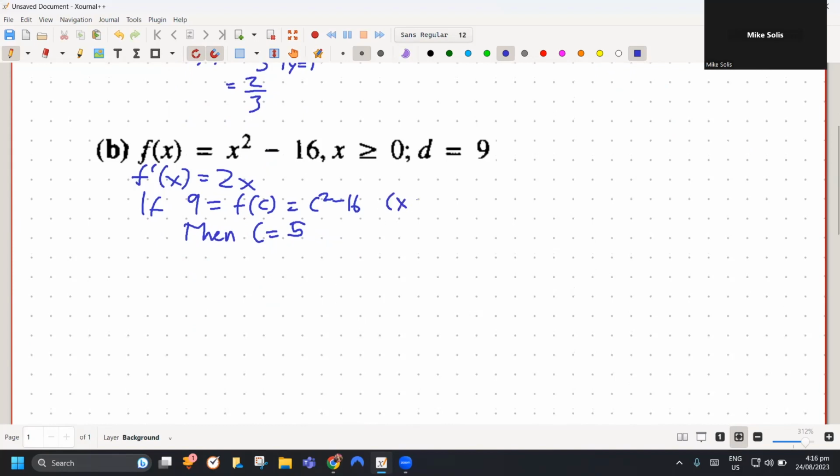Okay, now look, 9 plus 16 is 25. Notice we have two solutions for that? C squared equals 25. So we have to use the condition. Okay, go ahead.